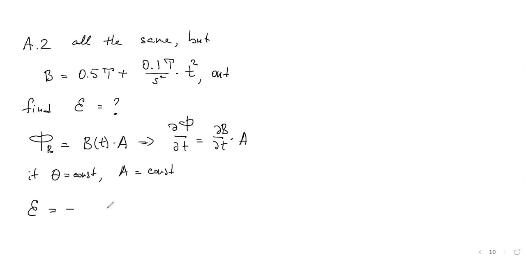EMF equals negative dB over dt and area and cos theta. So basically, when we take derivative of the flux, we have to take derivative only of the field, because area, we assume, stays the same and the cos theta is the same.